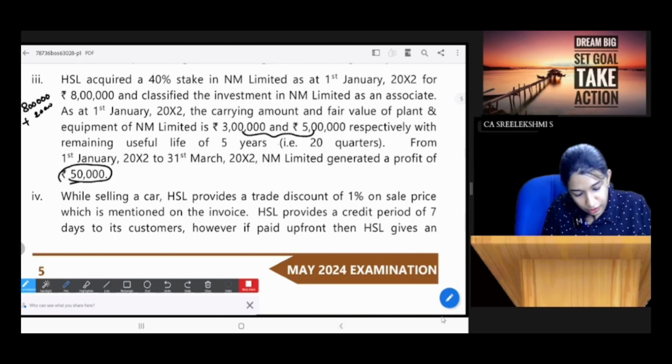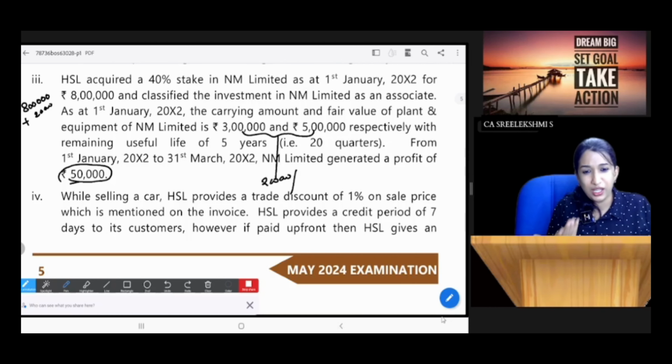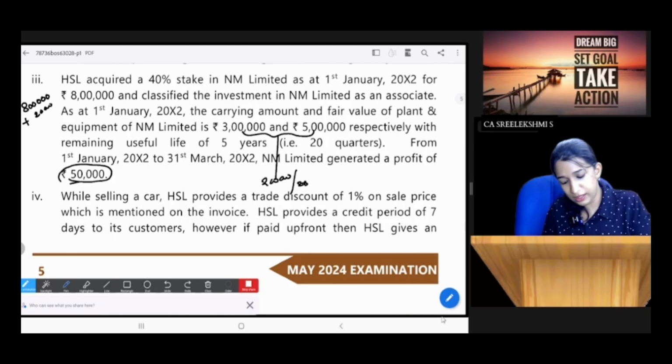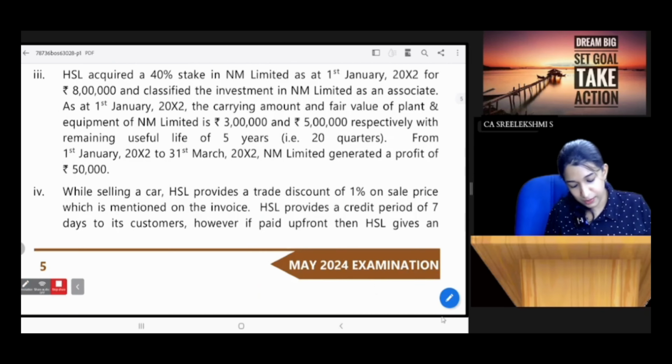So, 2 lakhs divided by, now we need to do only quarters, 5 into 4 is 20. So it is additional 2 lakhs divided by 20 into 40%. You will deduct 4,000. So 8 lakh 16,000 is the carrying value of investment.